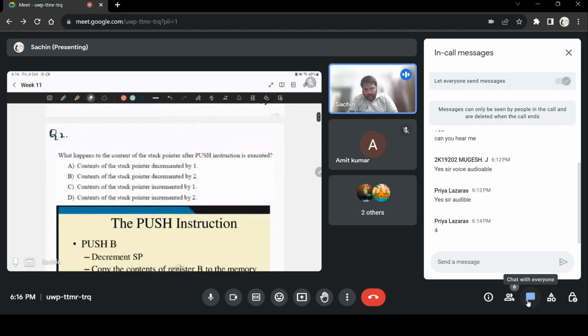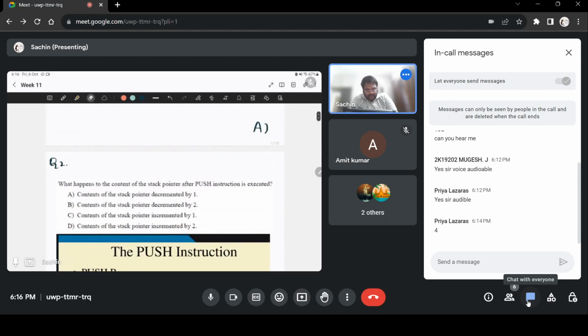Question 2. What happens to the content of the stack pointer after push instruction is executed? The 4 options are, firstly, is the stack pointer incremented or is it decremented? That's one thing you have to know.